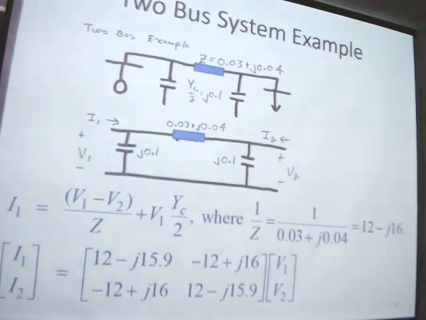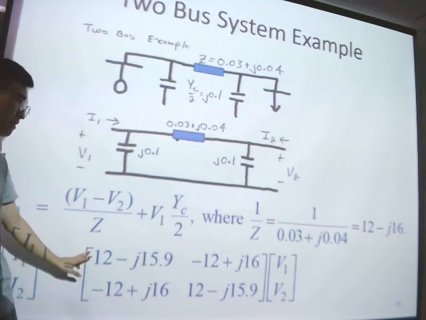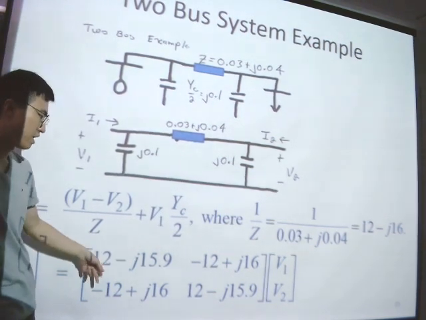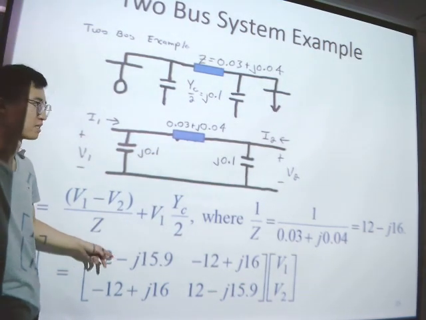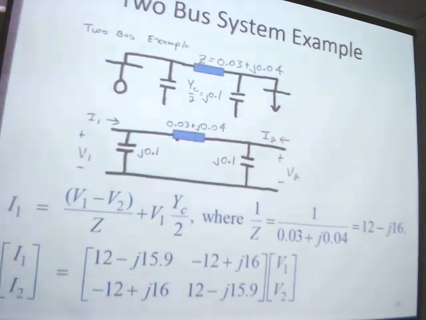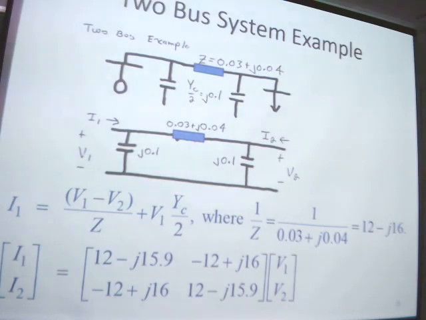Then the Y matrix: how does this term come from? 12 minus 15.9j.